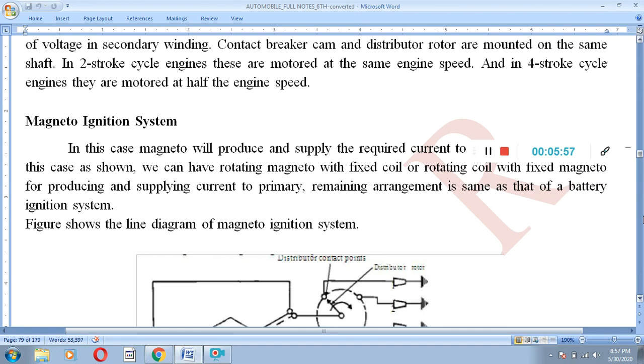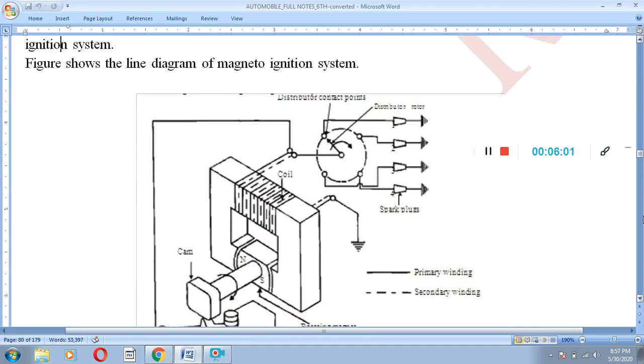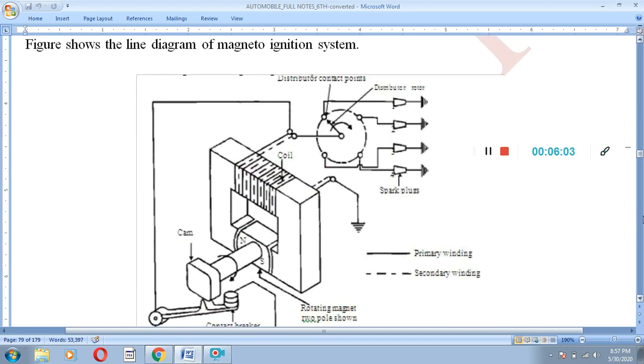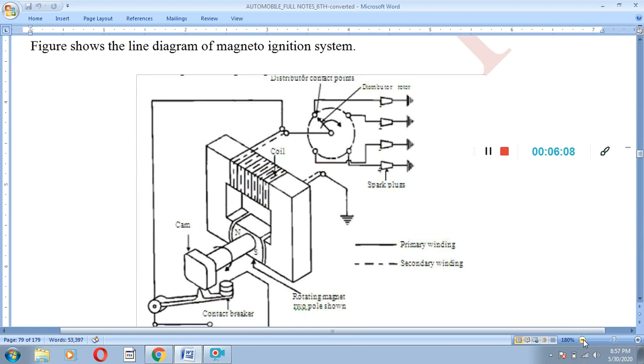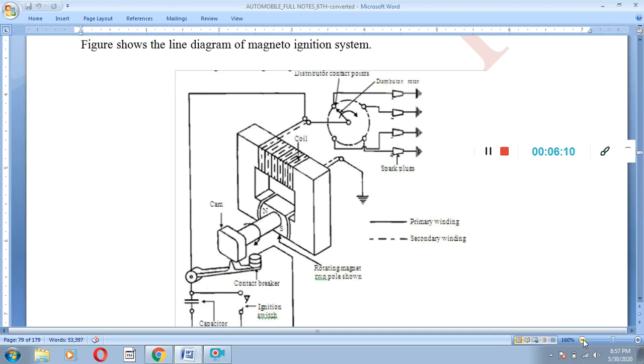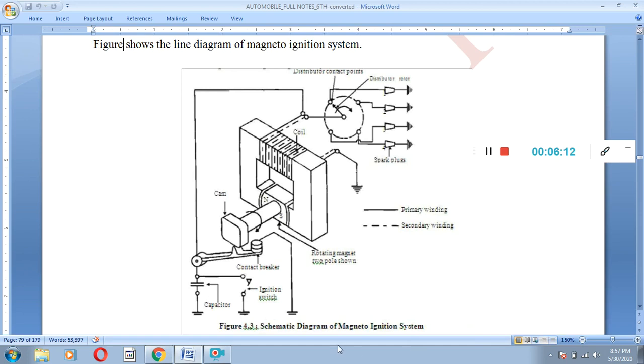Now moving towards one more ignition system, that is the magneto ignition system. So this is the schematic diagram of the magneto ignition system. Here also some important parts are required: the distributor contact points, distributor rotor, and spark plugs.